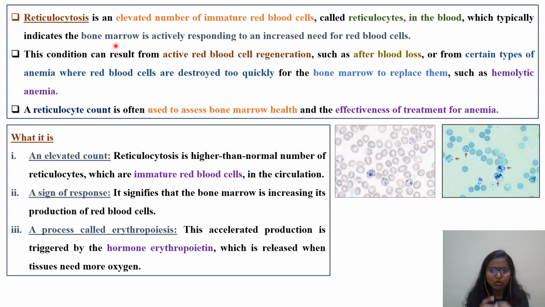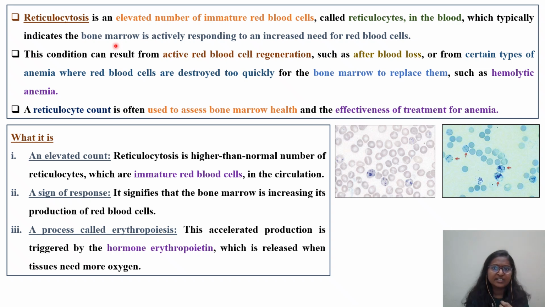It means our body needs more RBCs to carry more oxygen, for whichever part of our body needs more oxygen, maybe cardiac or CNS. At that time our bone marrow should produce more RBCs.